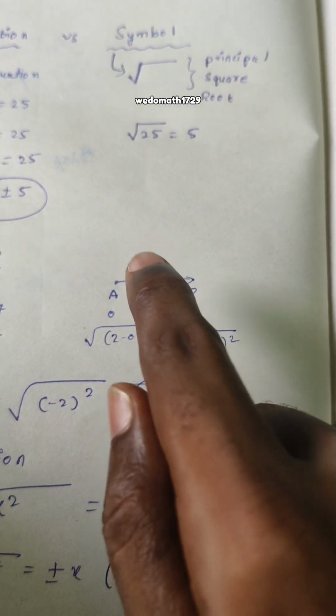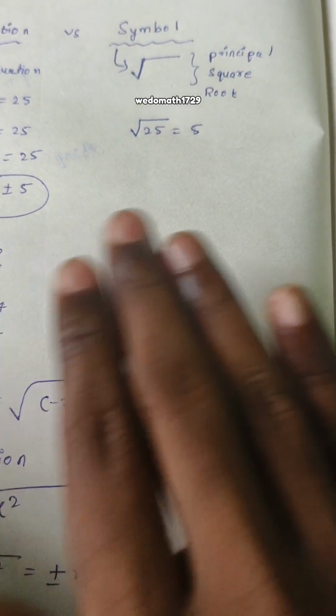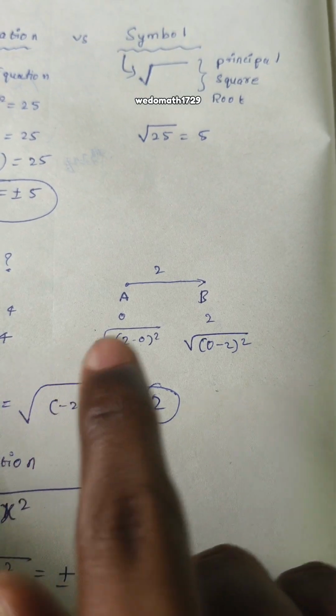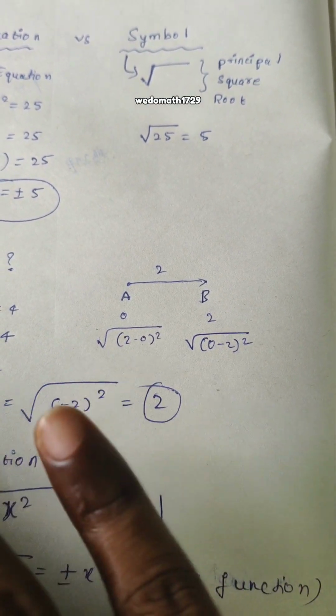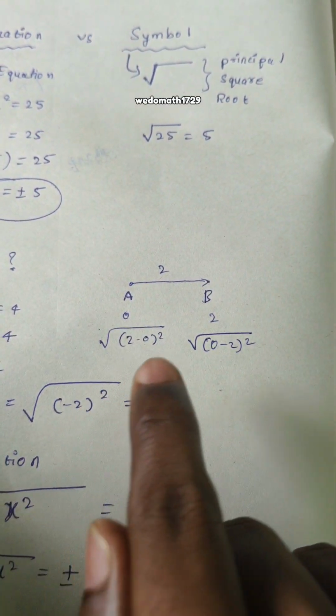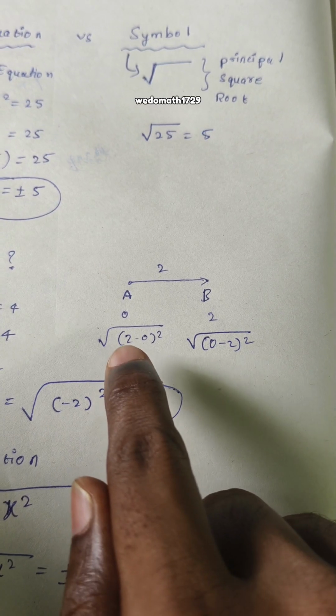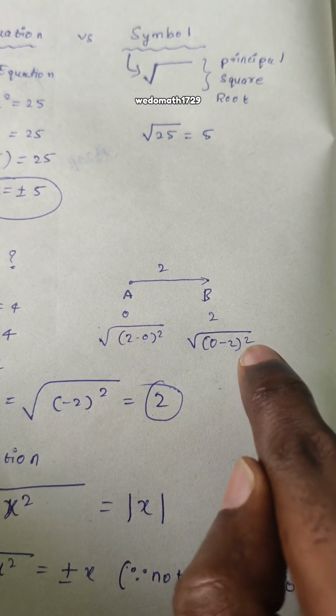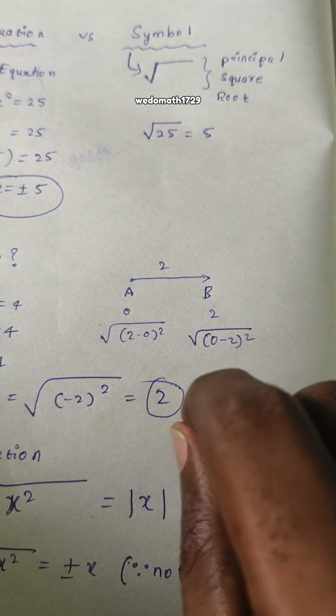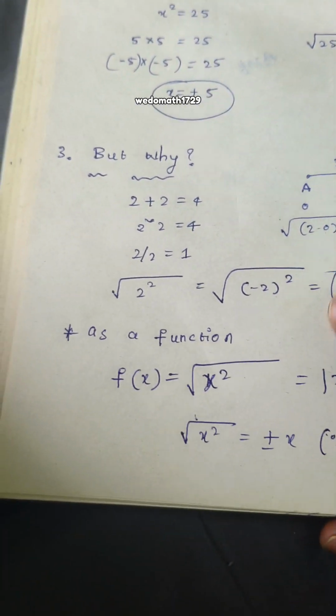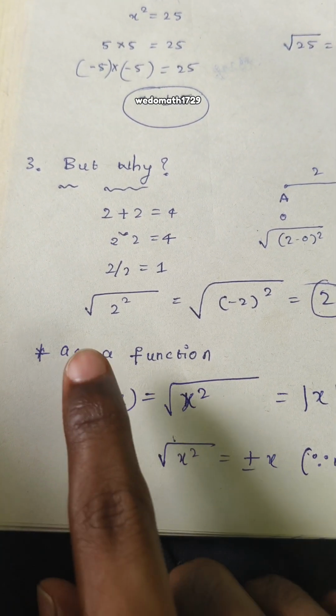Both these cases will evaluate only to 2 because distance does not change. Distance from A to B and B to A, both of them are 2. So that is why this result, square root of 2 square and square root of (minus 2) whole square, both of them are 2. Now let us see another proof.